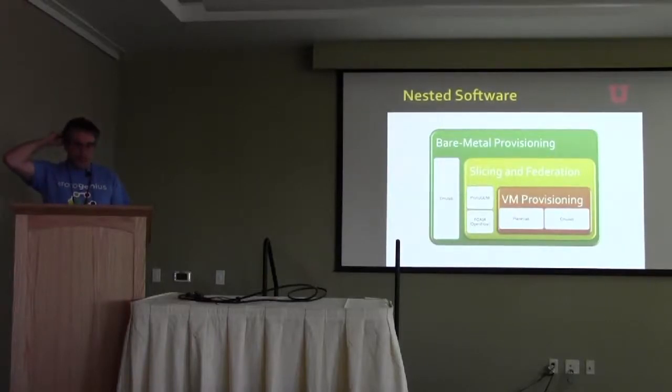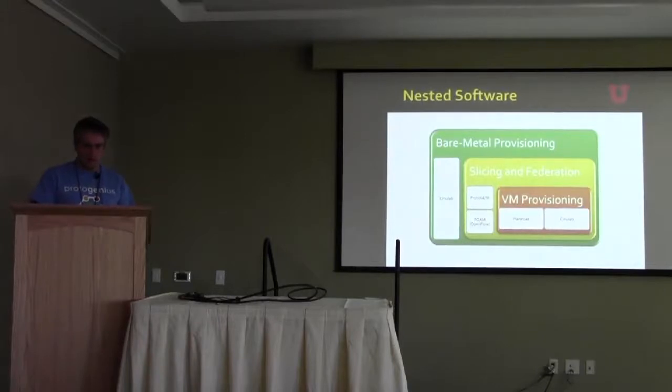Because these racks have 5 physical nodes, obviously we couldn't support very many experimenters if we were going to give every experimenter their own physical machine all the time. So we also have one working and one in progress way of slicing individual physical machines into many virtual machines.